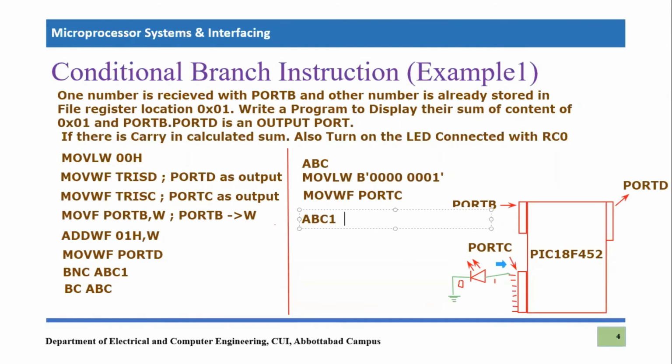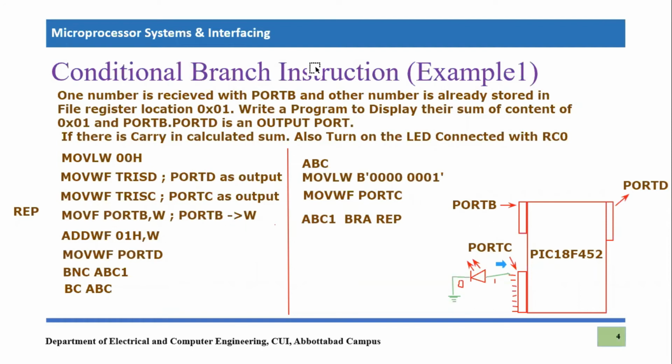In ABC1 we will write branch repeat, so we jump unconditionally to repeat. Repeat will be somewhere at the back, where we actually started our code. Let's just write rep, and I can modify this. So I hope you have understood the concept.